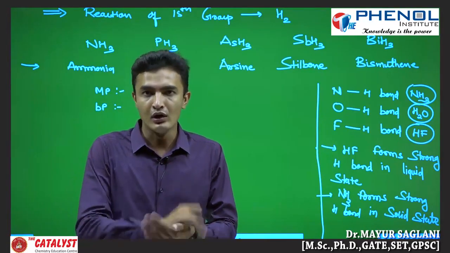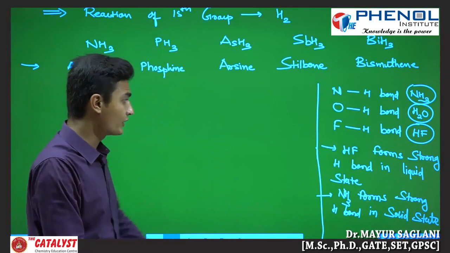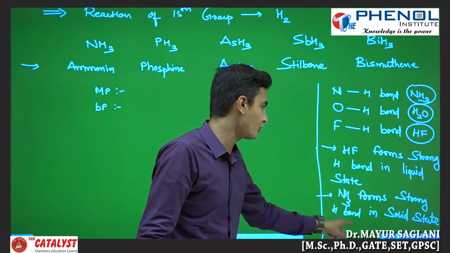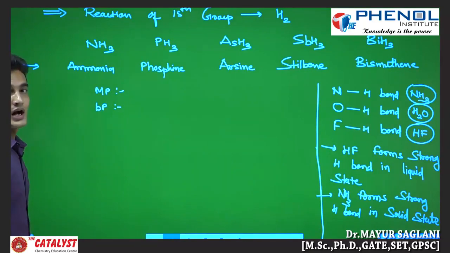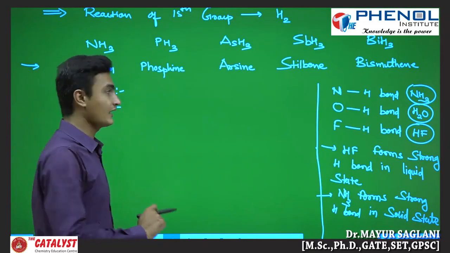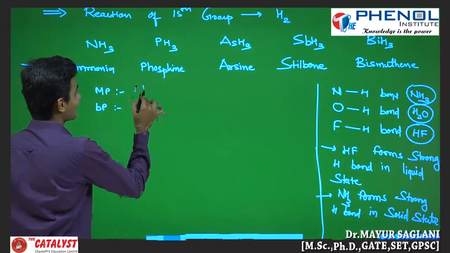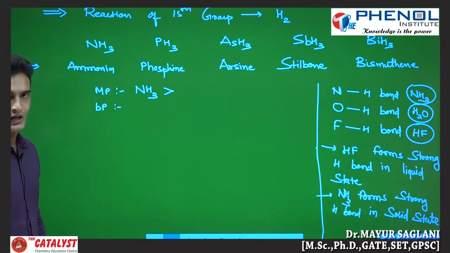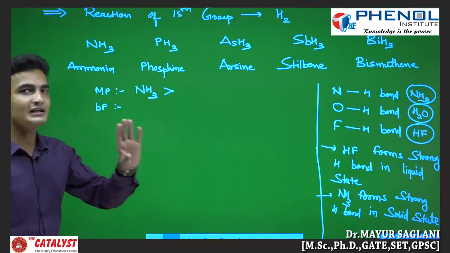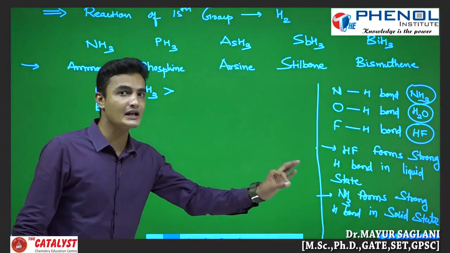That is what is called boiling point. So nitrogen forms strong hydrogen bond in the solid state, so for the melting point I have to heat more, and that's why exceptionally NH3 has the highest melting point, and for the other order top to bottom it increases.